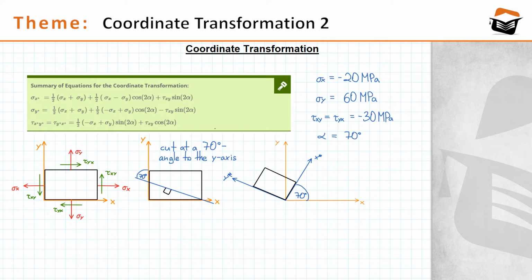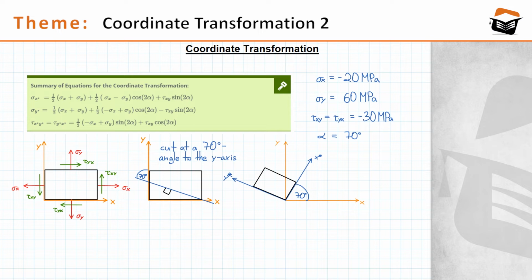And the easiest way to draw in the directions of the stresses that act with respect to the rotated coordinate system is simply to pick up all stresses acting on the body with respect to the old coordinate system and rotating the stress directions by the same angle as you have rotated the whole coordinate system.